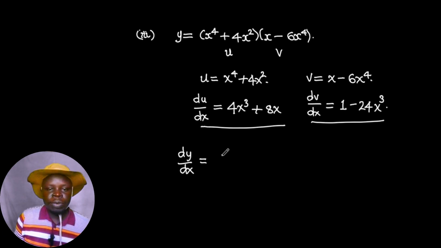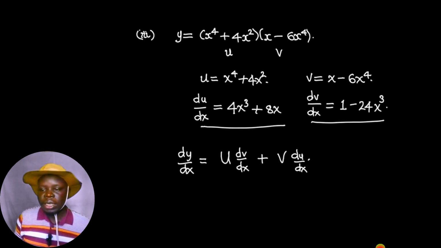We studied this formula before. This time we'll start with v, they're all the same. So we have v times dv by dx, added to v du by dx.